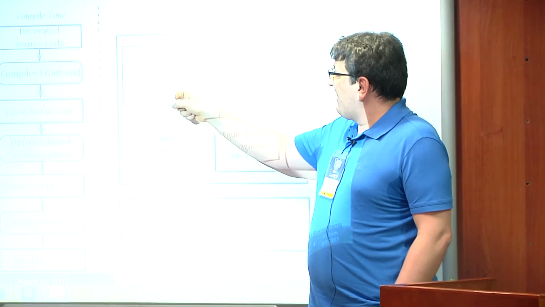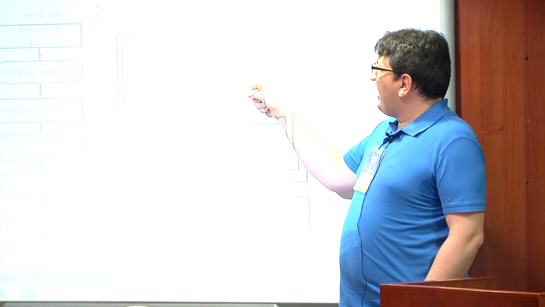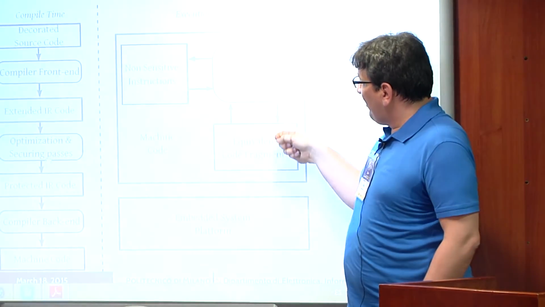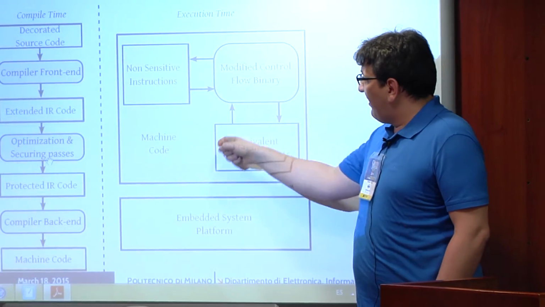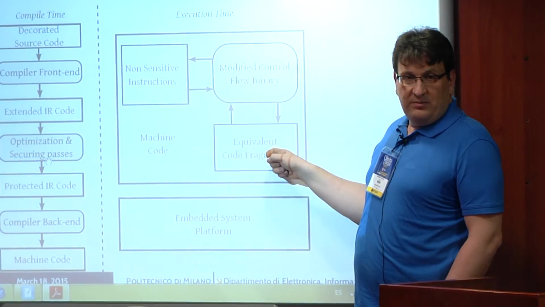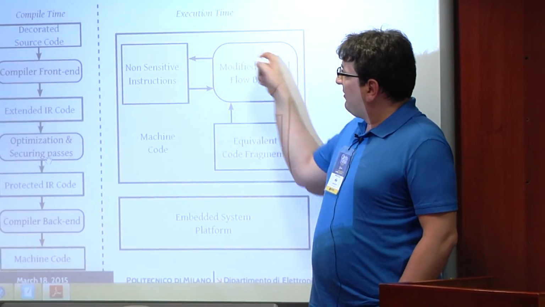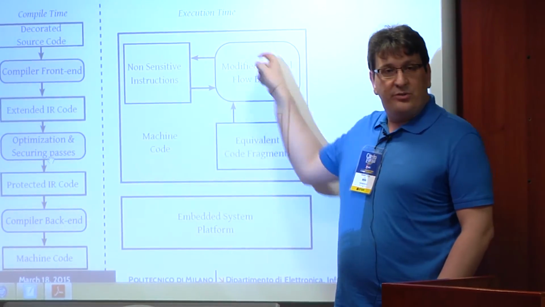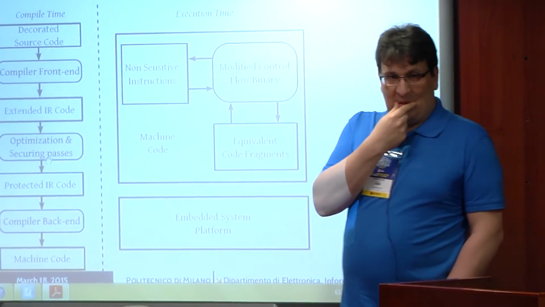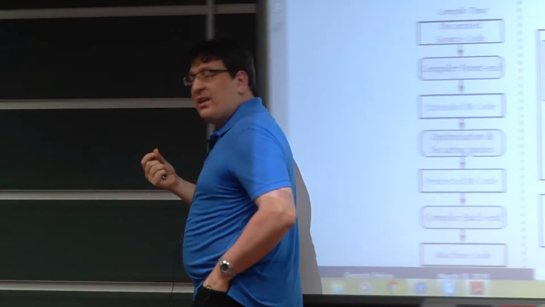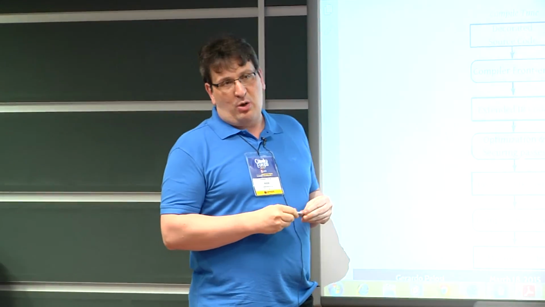And when a sensitive instruction must be executed, this sensitive instruction is translated as an equivalent code fragment, different every time. And the execution of the algorithm continues in this way. So this is another example of a work dealing with a cryptographic engineering problem.